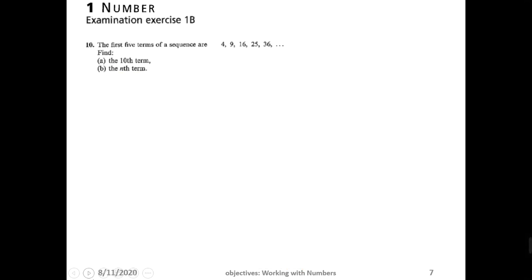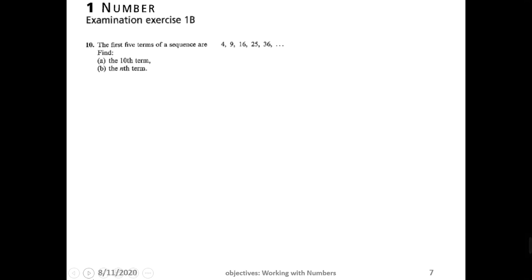The one more thing that we're going to talk about today when we're working with numbers is sequences. And again, they're asking for the 10th term and the nth term. But I would like you to always find the nth term at first.